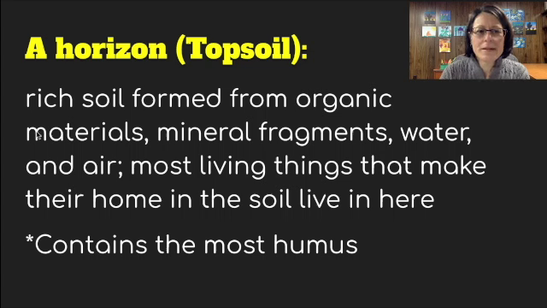The A horizon is the topsoil. This is rich soil formed from organic materials, mineral fragments, water, and air. Most living things that make their home in the soil live in here, and it contains the most humus. Now, living things are very important to making this layer as well because there are animals that burrow in this layer, moles, earthworms that make tunnels that carry water and gases and other materials throughout the soil that other living things can use.